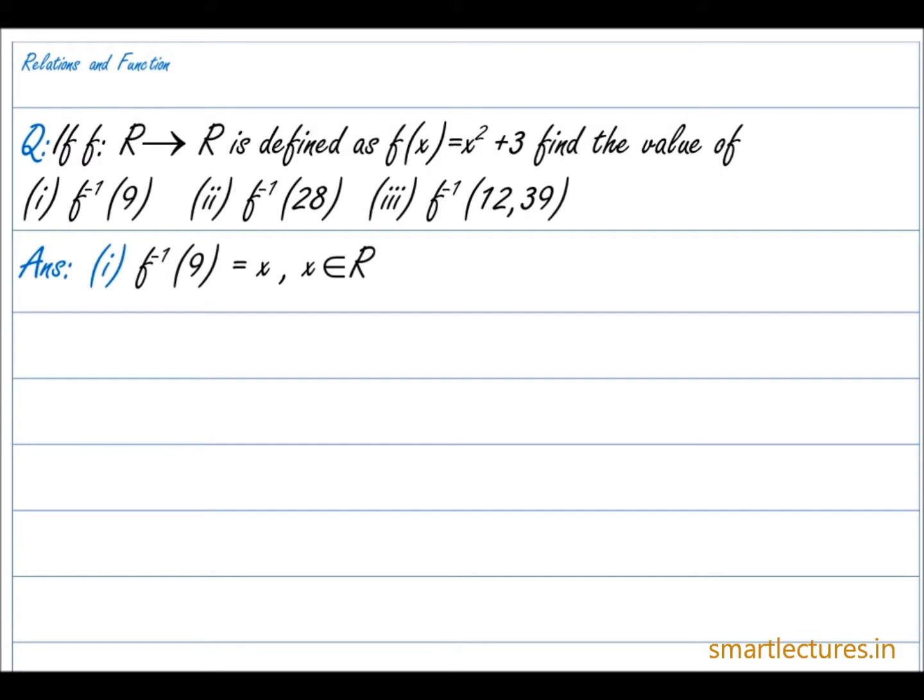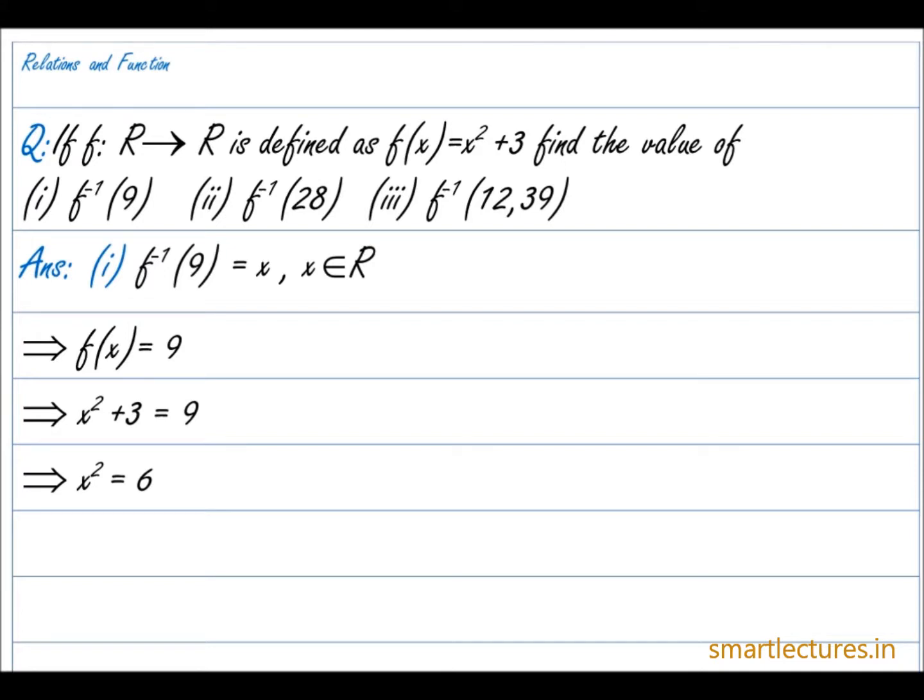So now we have to find the value of x for which f of x is equal to 9, or we can write f of x is equal to 9. Now f of x is equal to x square plus 3. So we can write x square plus 3 is equal to 9, or that becomes x square is equal to 9 minus 3 or 6.